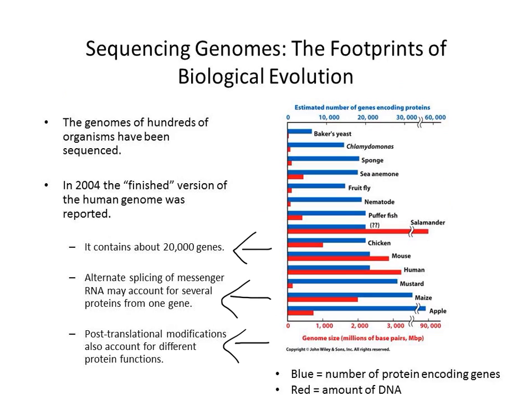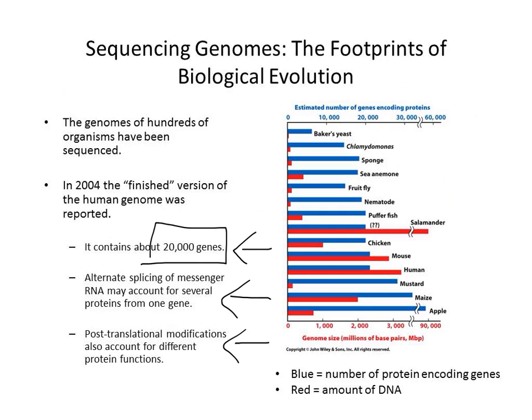So even though we have a fewer number of genes than was predicted based on our complexity, ultimately the ability to alternately splice mRNA and different post-translational modifications can increase the number and functionality of different proteins in something like humans.